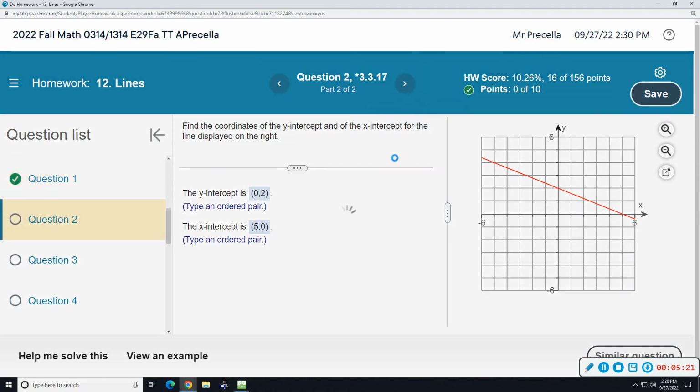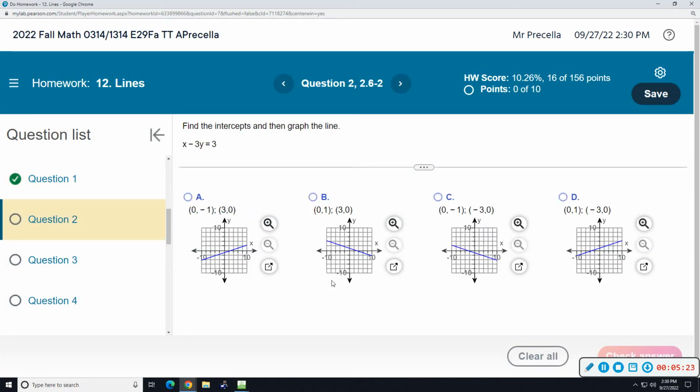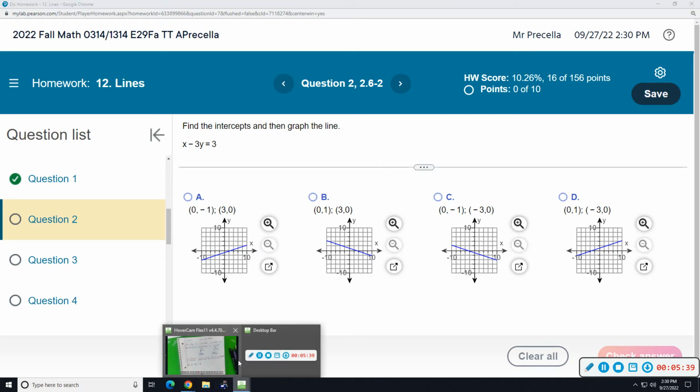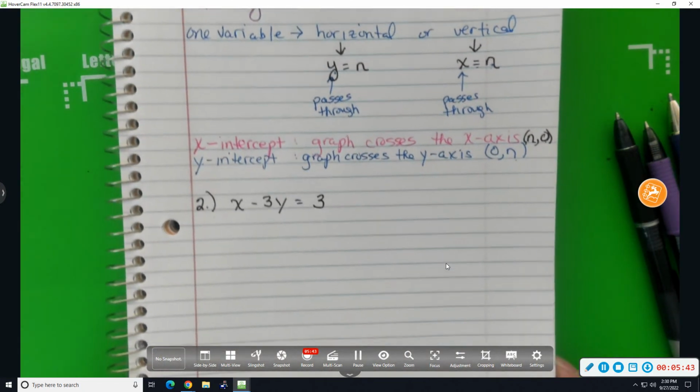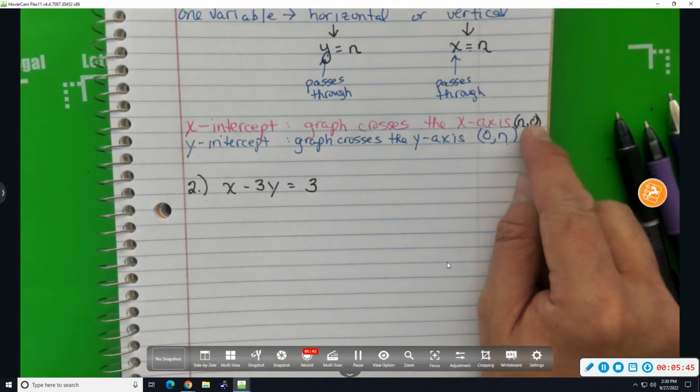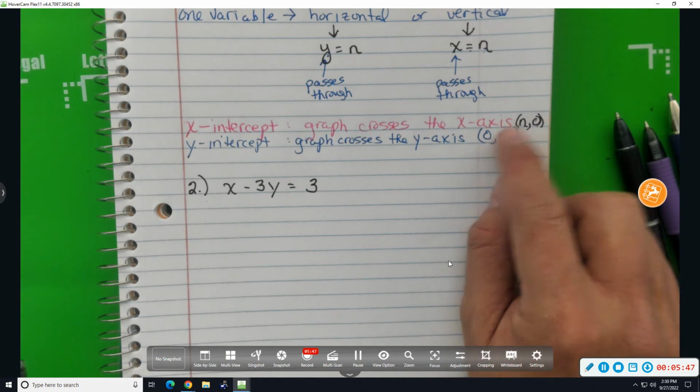Okay. Now let's see. Problem number 2 says, find the intercepts and graph the line. x minus 3y equals 3. Well, with intercepts, the y value or the x value is 0.